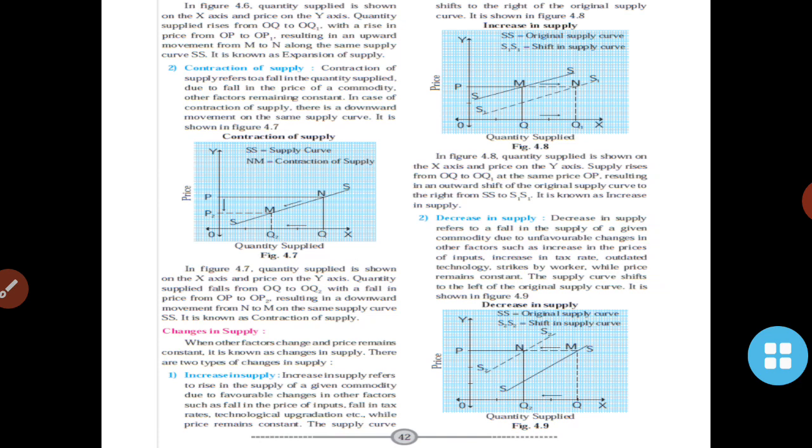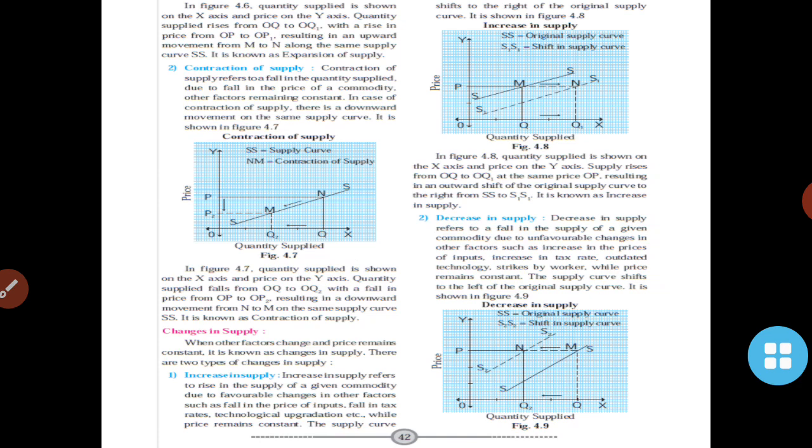Fall in tax by the government, since the government puts tax on all the products. And technological upgradation, where companies change the machinery and the workers. So those things are also impacting the product price.